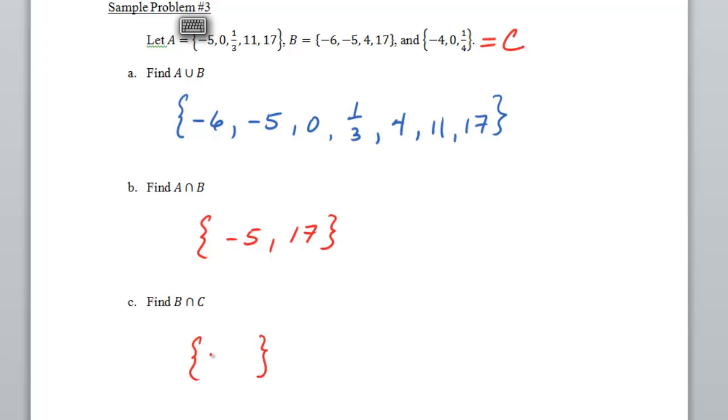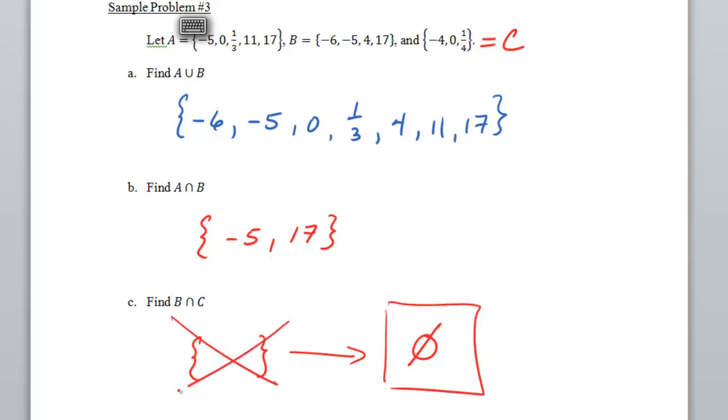It's kind of like having a set of brackets with nothing in it. However, that's not the way we write an empty set. The way we write an empty set is a 0 with a slash through it, and so we would choose this and not that. So that's how you write the empty set. Okay, well that's our brief lesson on intersection and union.